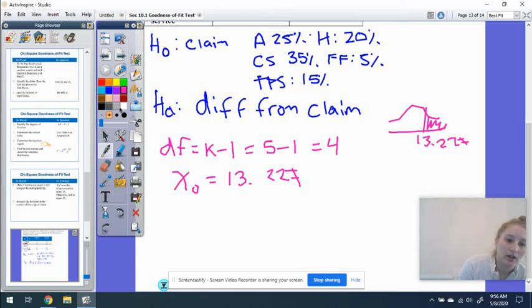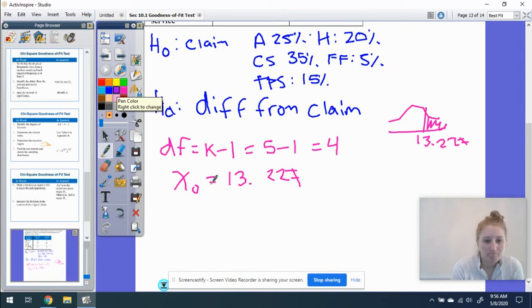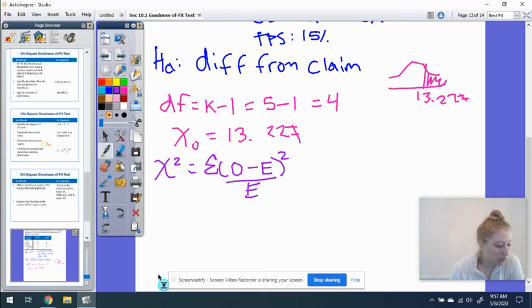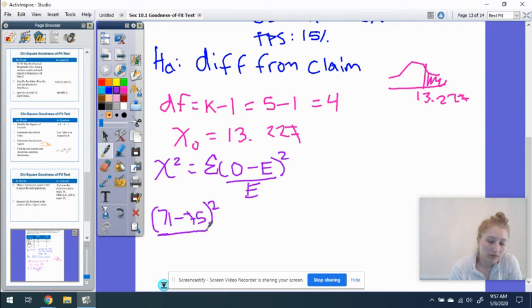Okay, so now let's go ahead and use the formula. Okay, so remember the formula is the sum of your observed subtract your expected value squared, all divided by your expected value. Okay. So what you're going to do is you're going to take each of the categories and subtract the observed minus the expected. So in the first case, I'm going to have 71 minus 75 squared divided by 75.